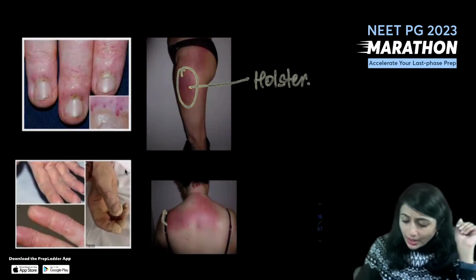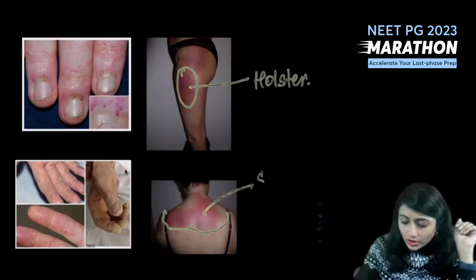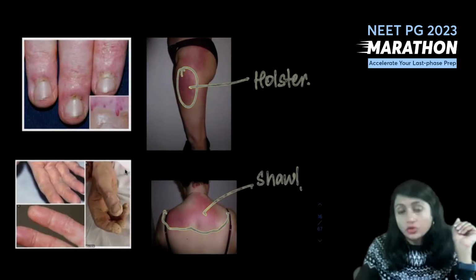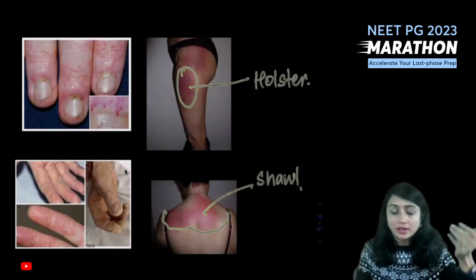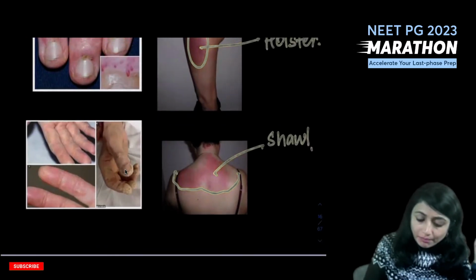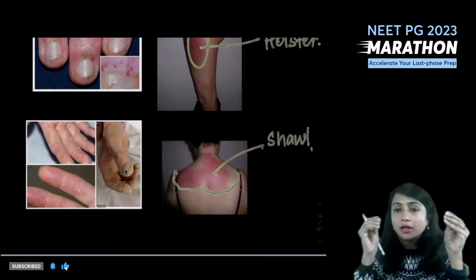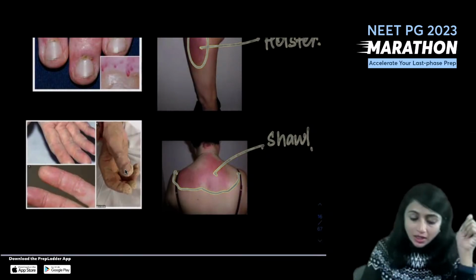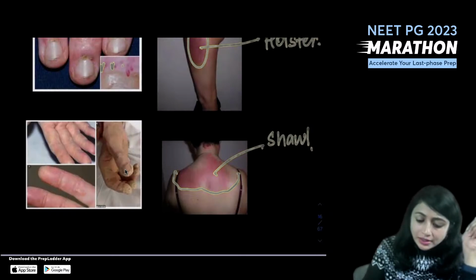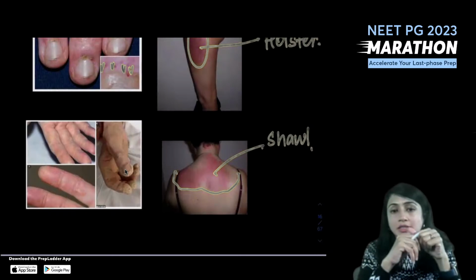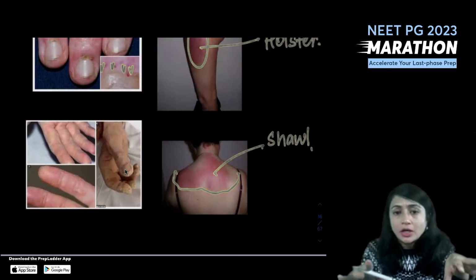When you see it on the back, it looks like a shawl, so it is called shawl sign. So they ask you shawl sign is seen in. Then sometimes you have mechanic's hands. You have hyperkeratosis on the fingertips, which is called mechanic's hand. And then you see these dilated periungual capillaries. So all this can be seen in dermatomyositis.